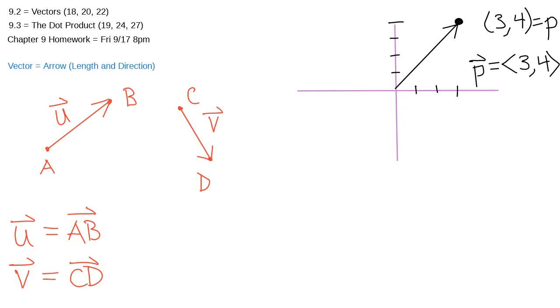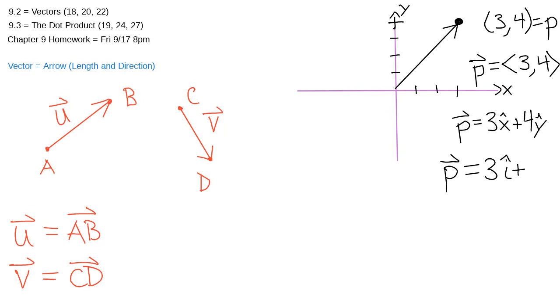You can use this notation. You can also say this is the x direction, this is the y direction. You can say the vector P is 3 in the x direction plus 4 in the y direction. And also, even more popular than that, is if we say the vector P is 3 in the I direction plus 4 in the J direction.